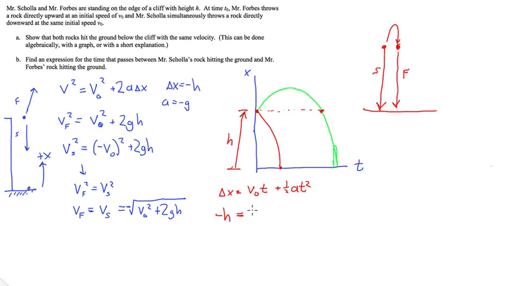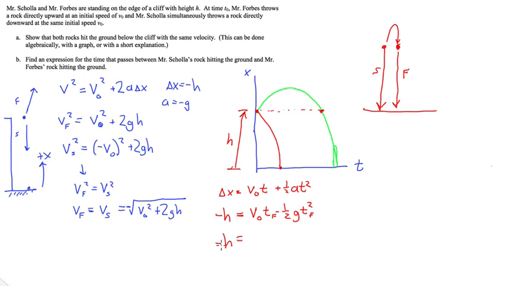So let's do Forbes's rock: you go v naught t minus 1/2 g t squared, and you could call this tF, time for Forbes. And then you can do the same thing for Shola.